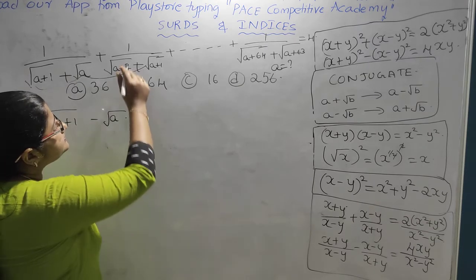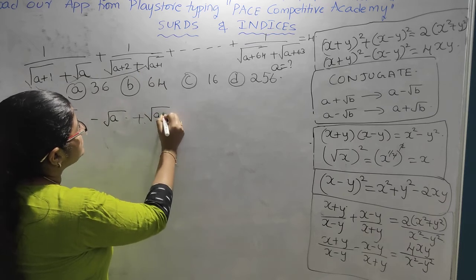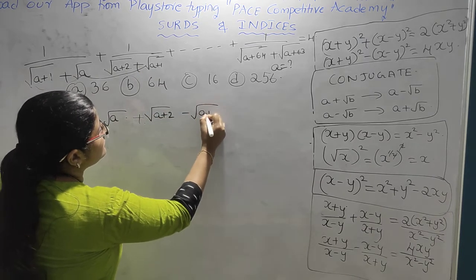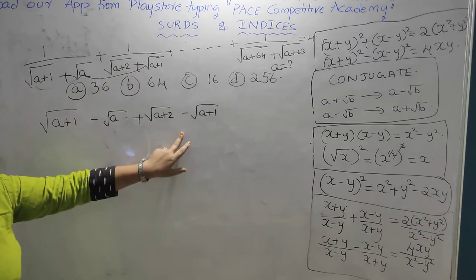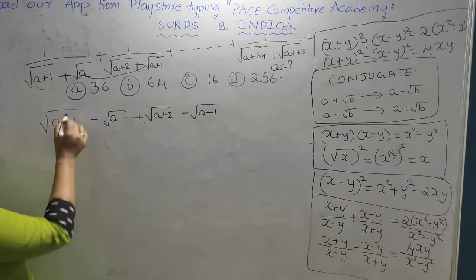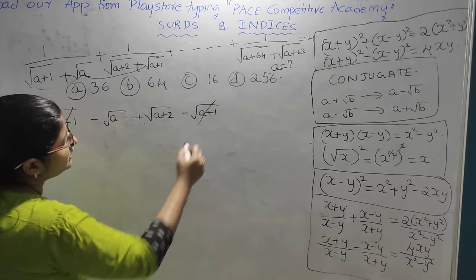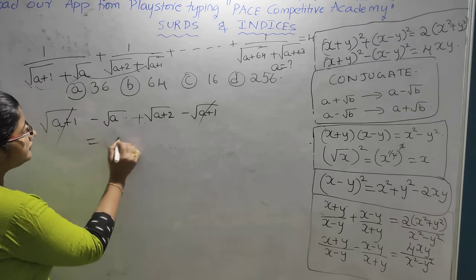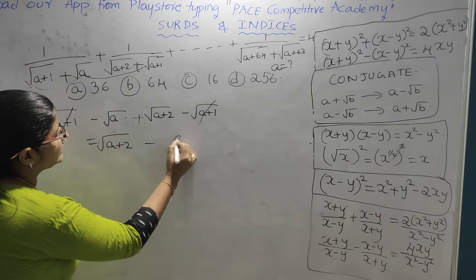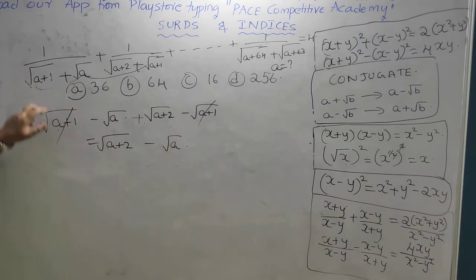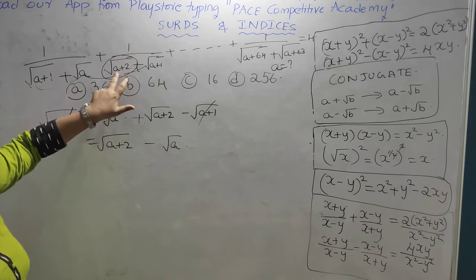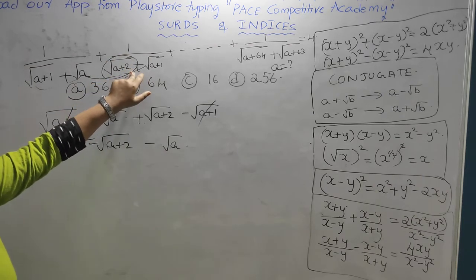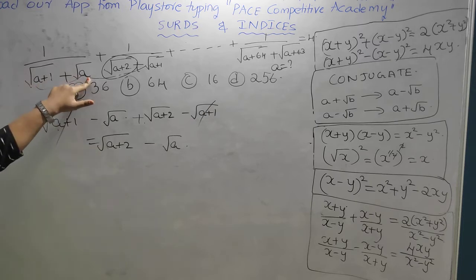Similarly here also the conjugate of plus is minus, divided by, again, the difference between these two, a square minus b square, which results in 1. Okay. So you can cancel root over a plus 1, and you will be left with root over a plus 2 minus root a, right? So from these two terms, the highest value from the last term is root over a plus 2, and from the first term the least value is root a.